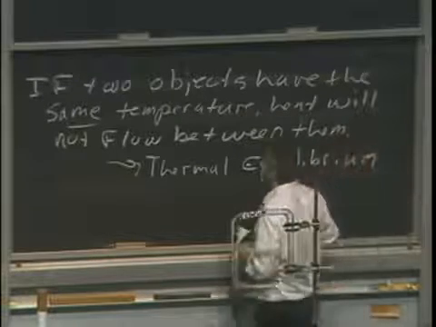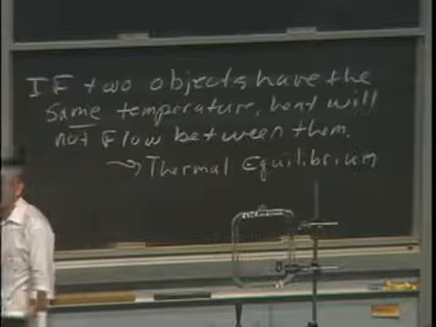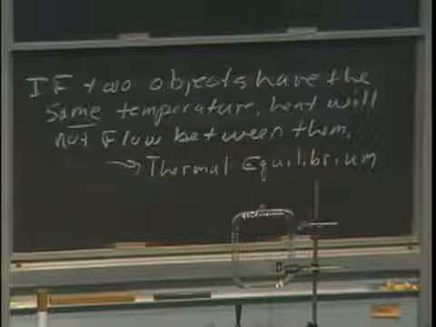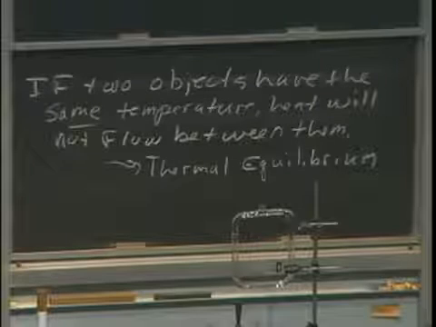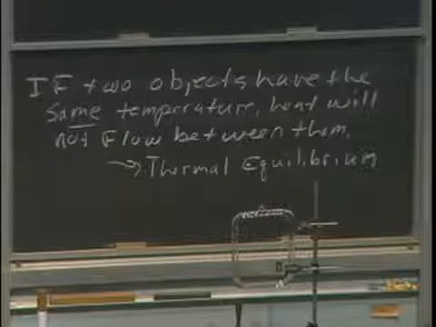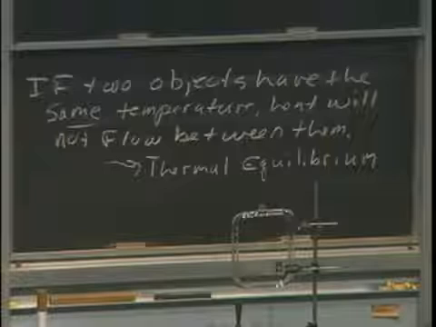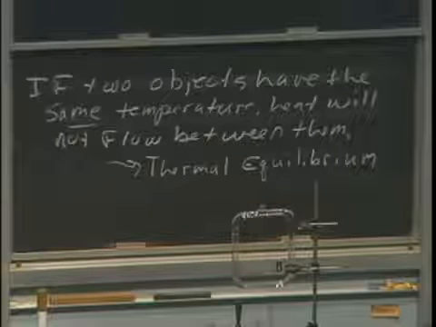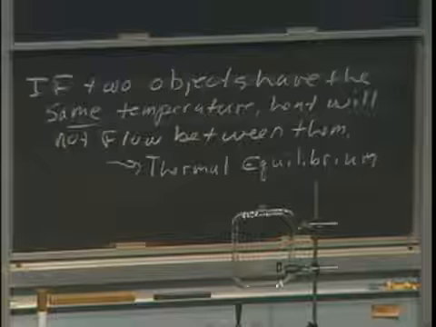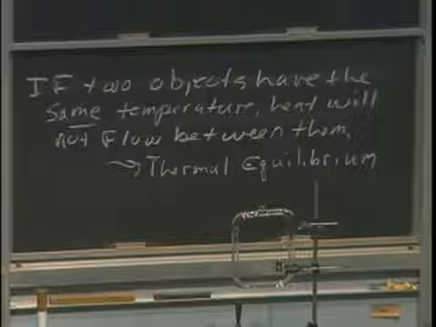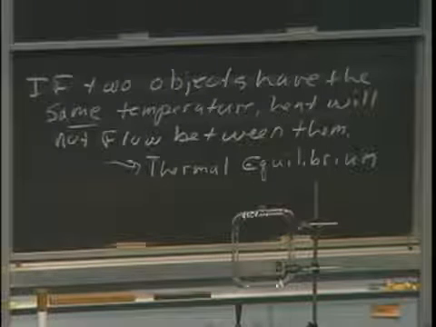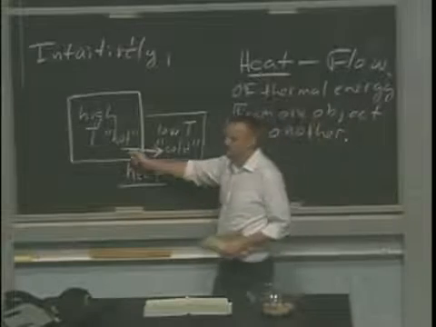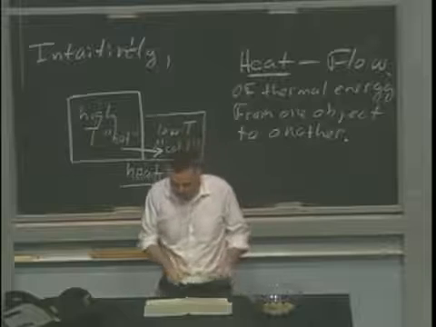These two objects are in thermal equilibrium, which means that heat does not naturally flow between them, and that is measured by their having the same temperature. If we put two objects with different temperatures in touch with each other, eventually they will reach thermal equilibrium and end up at the same temperature, after enough time for the heat to flow from the hotter object to the cooler object.